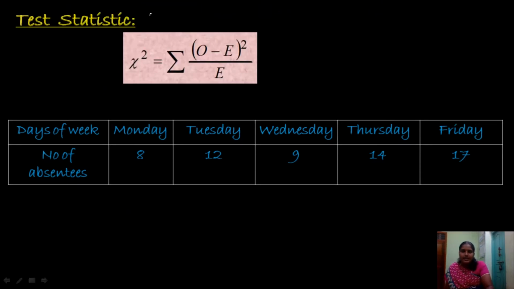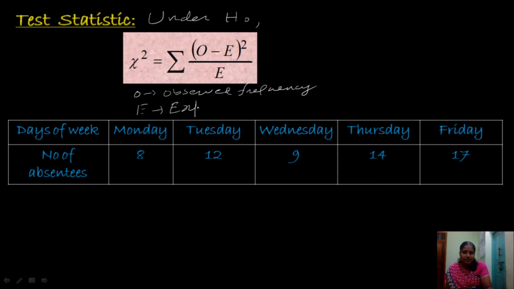Under the null hypothesis H0, the test statistic is chi-square equals sigma (observed minus expected) the whole square over E. Here O represents observed frequency and E represents expected frequency.